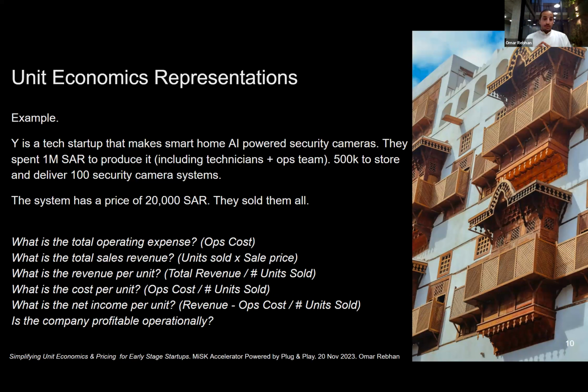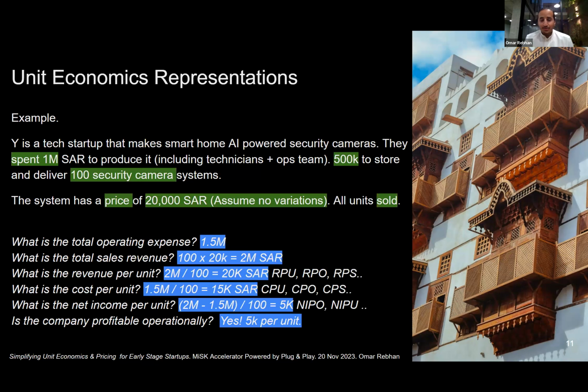What is the revenue per unit? What is the cost per unit? And what is the net income per unit? And then a final question: is this company profitable operationally? I'm pretty sure most of you know all of these questions because it's straightforward, but just for the sake of connecting on the same logic, which is very important when discussing these topics, let's go to the next slide, where the answers are.